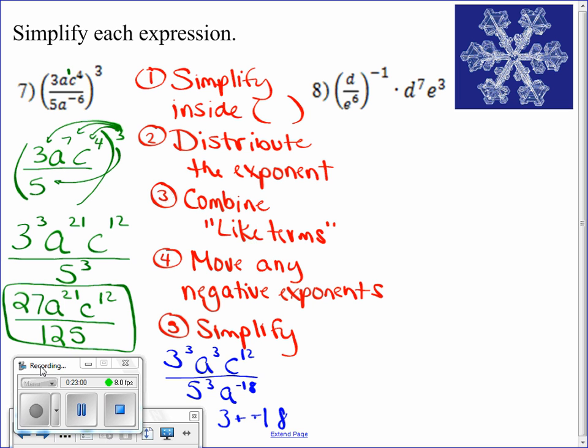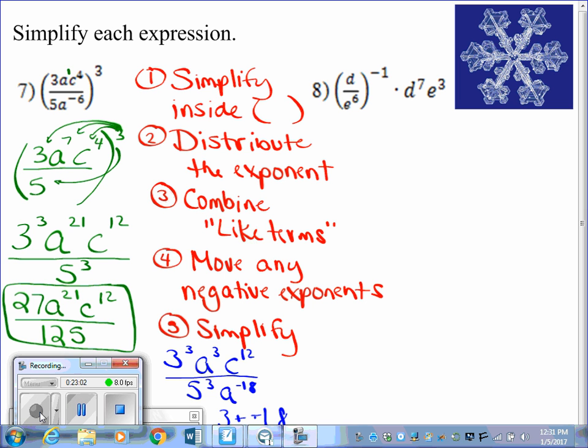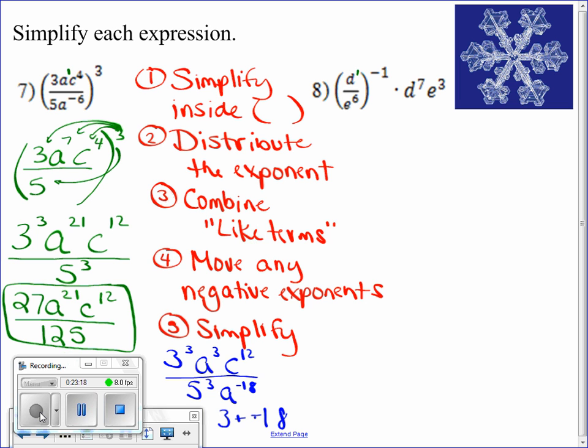All right, back to number 8. Let's go ahead and finish up the notes here quick. Number 8, step 1, simplify inside parentheses. Yes? No? No. Distribute the exponent. Yeah, let's do that. Again, remember that D does have a 1 on it.